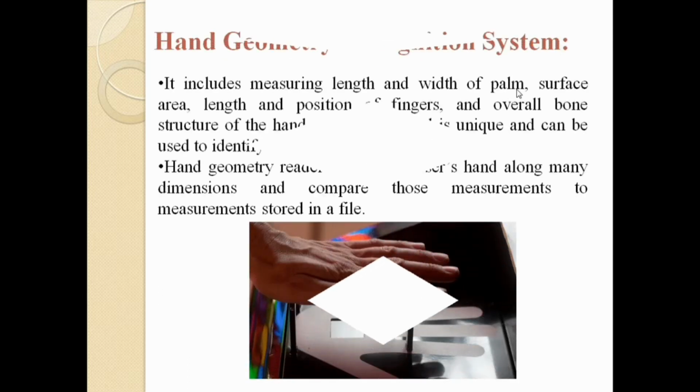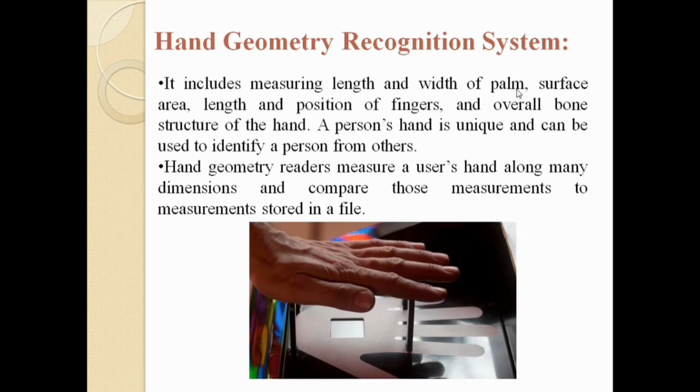Then we have the hand geometry recognition system. It includes measuring the length and width of the palm, surface area, length and position of fingers, and overall bone structure of the hand. A person's hand is unique and can be used to identify a person from others.